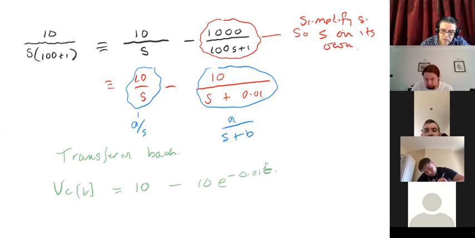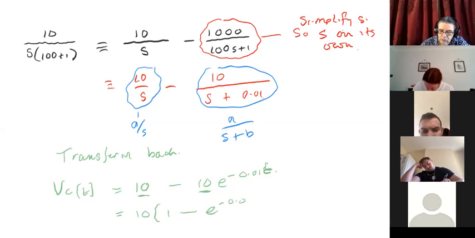That's our expression. Where you're most used to it is that we've got a common term here with these two 10s, so we can take that outside of brackets and put inside the brackets 1 minus e to the minus 0.01t. Close brackets. That's your exponential rise to a limit.